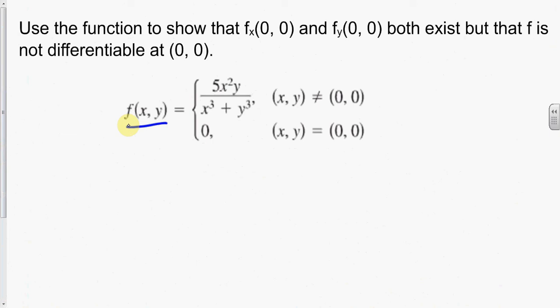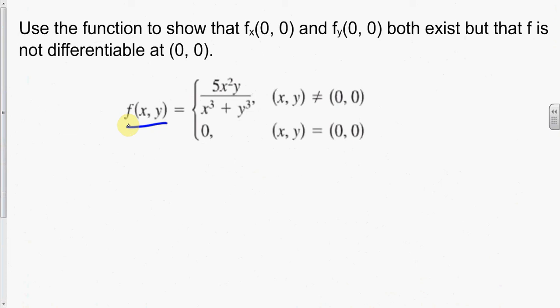Here's what they're trying to say. You cannot say that just because a function is continuous that it's also differentiable, because continuity does not imply differentiability. Right? Differentiability ought to imply continuity. But here, this particular problem kind of breaks that.